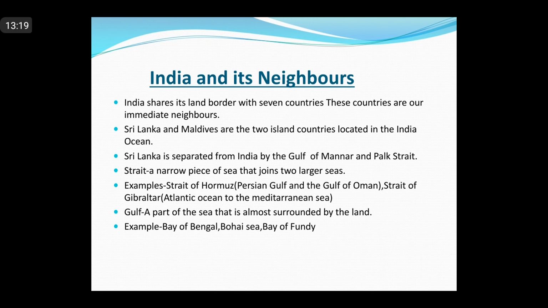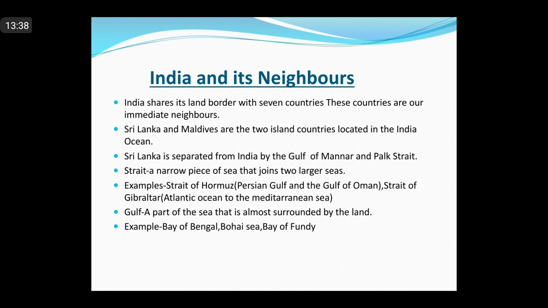I think I must have discussed all the topics given in the chapter India and its Neighbors: IST, the size of our country, and the location, longitudinal and latitudinal extension, and their implications.